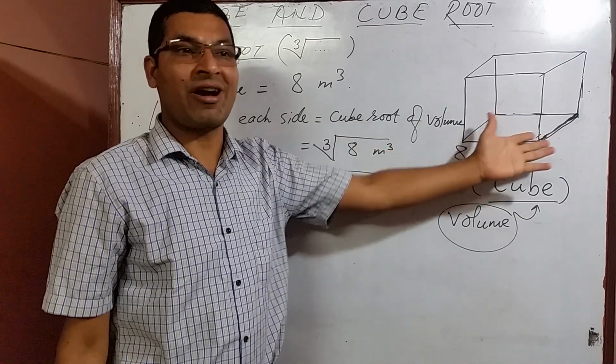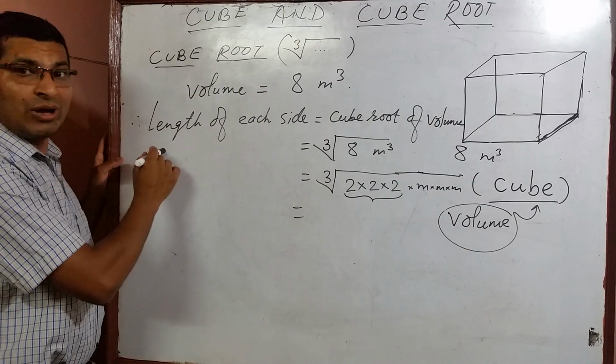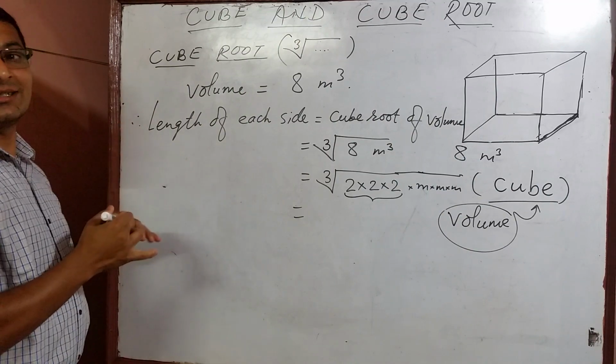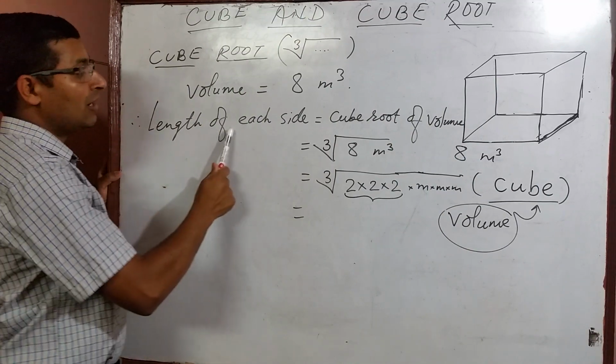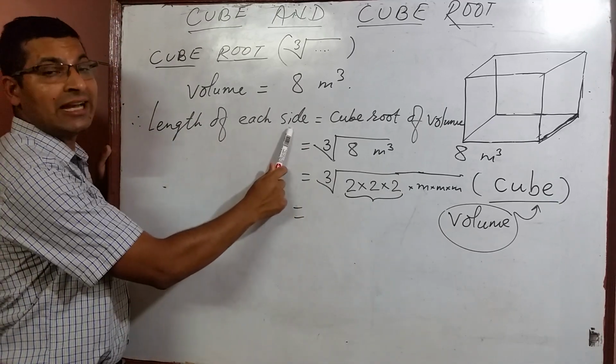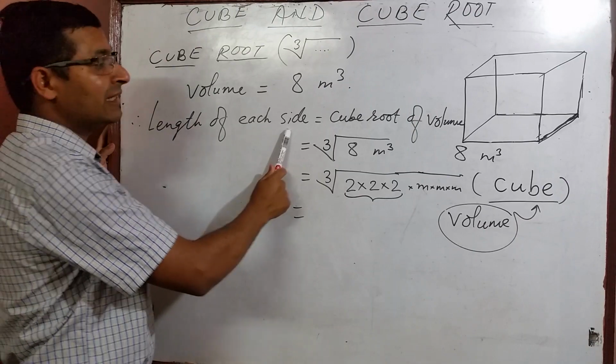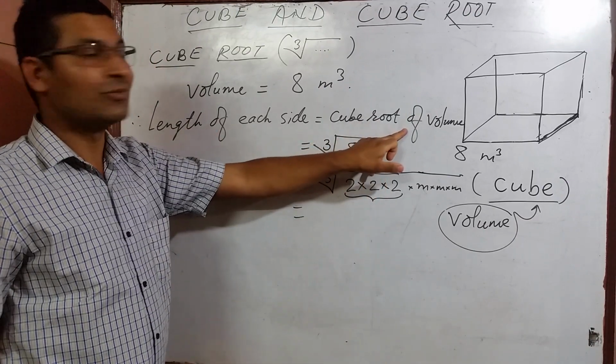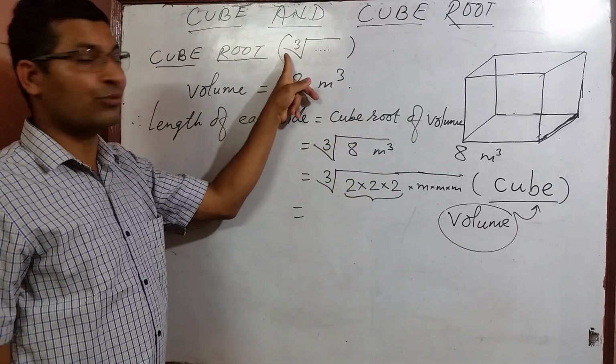Maybe length, breadth or height. We already know the relation from the length to volume, that is, length of each side for the cube is cube root of volume, and this is the symbol of cube root.